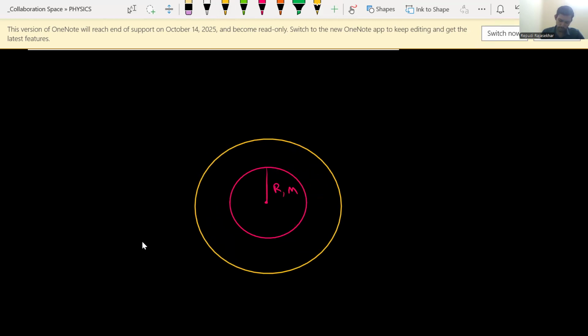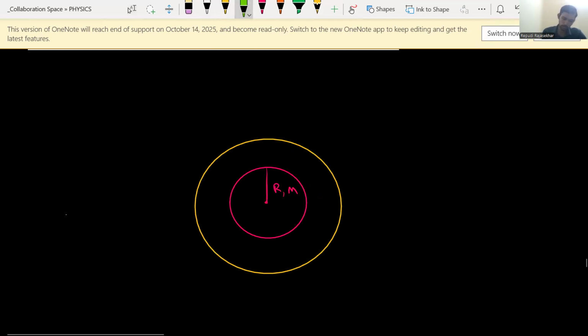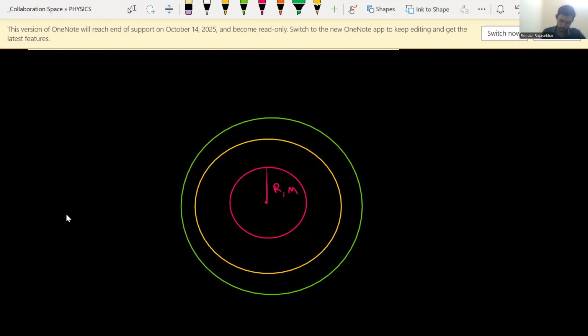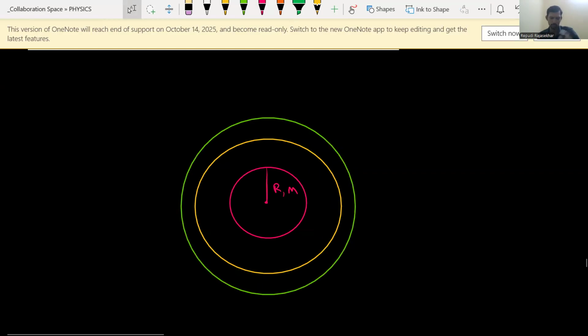This is the first one I have taken, which is revolving in the circular orbit. And let us take another which revolves again in a circular orbit. It may seem to be elliptical, or whatever the path may be. Okay, so assume they are rotating perfectly in circular orbits.